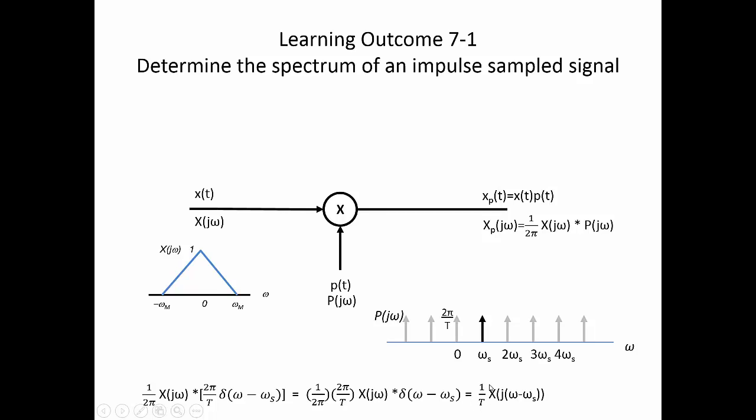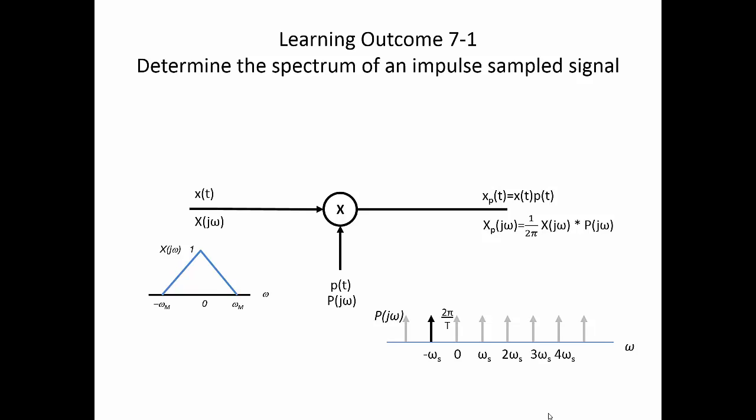Our constants yield 1 over T, and the sifting theorem yields X of j omega minus omega s. That's going to put our X of j omega spectrum at a place where omega equals omega s. So that middle spot becomes omega s, omega m gets incremented by omega s, and negative omega m gets incremented by omega s. Make sure you can draw this.